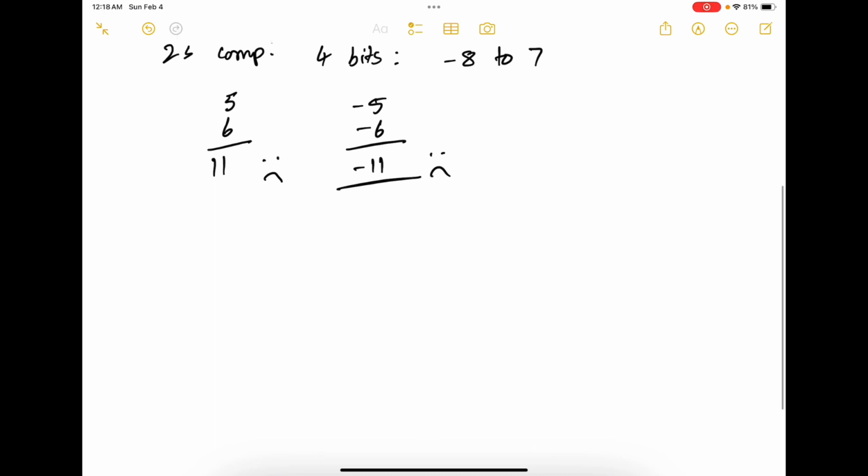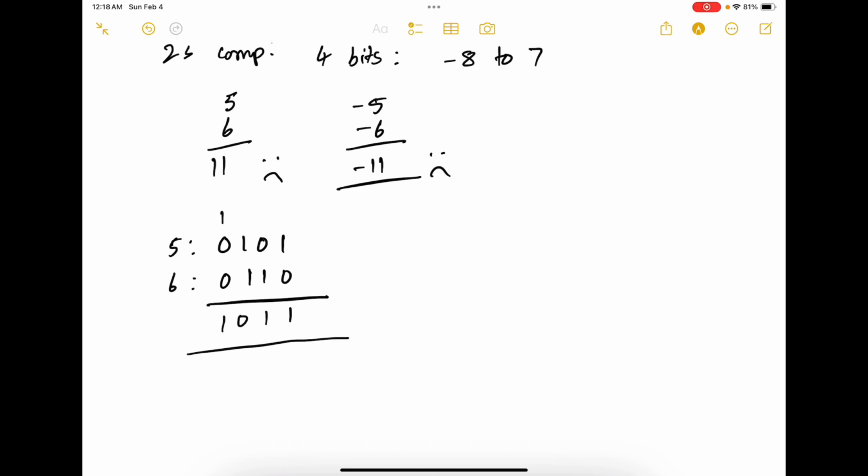So let's see this. Let's do 5 plus 6. So 5 is 0101, and 6 is 0110. So take the sum. So this is in 2's complement. In 2's complement, if you have a positive number, you just write the same positive number in binary, and you keep the sign bit as a 0.